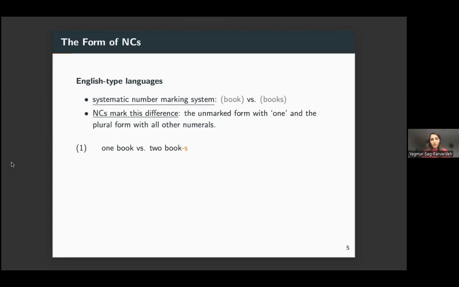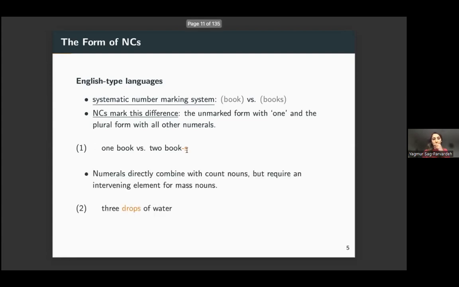With the numeral 1, the singular form is used, but with other numerals, the noun appears in the plural form, as in 2 books. Another important property of these languages is that numerals directly combine with count nouns. So we can say 2 books or 1 book, but with a mass noun, we need some intervening element to be able to do counting or measurement. For example, to do something with water, we have to say 3 drops of water.